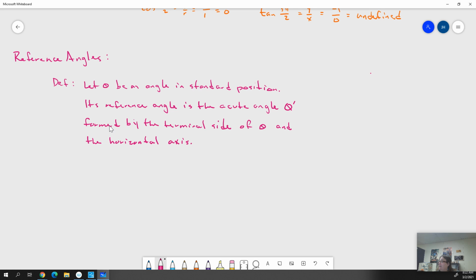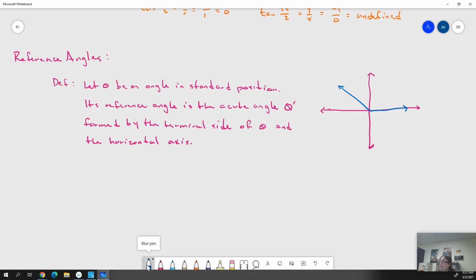So what it's saying is that we have some angle in standard position, which means it starts here, works its way around here somehow, right?